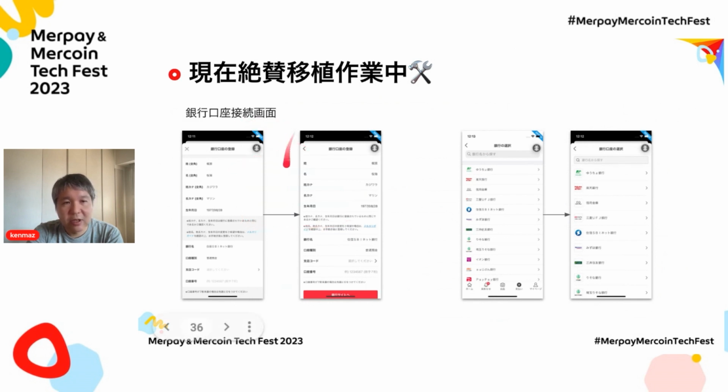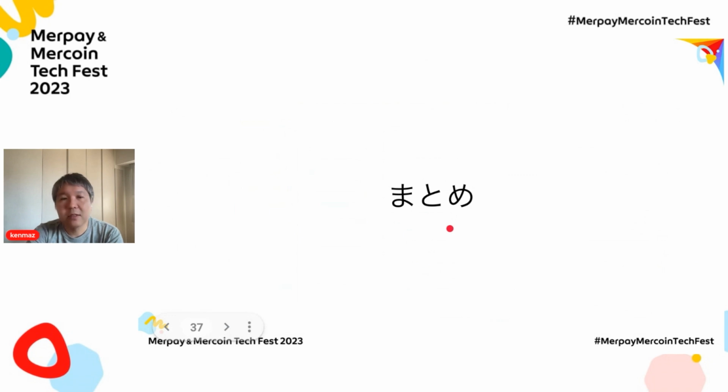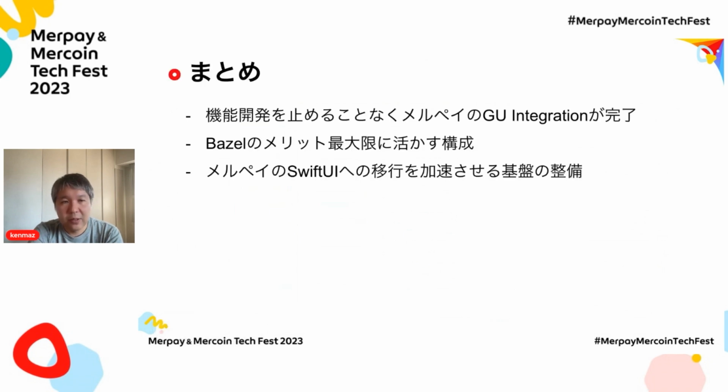And this is an example of the bank account screen that's being migrated. First, this is a summary of the GroundUp integration project. Merpay's function development was not stopped, but we were still able to complete the GU integration.